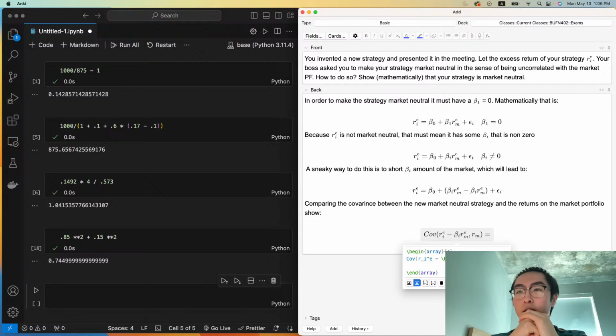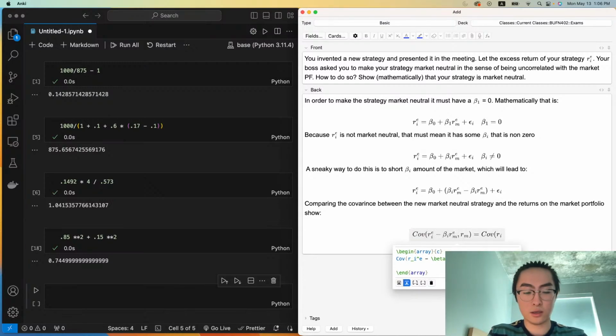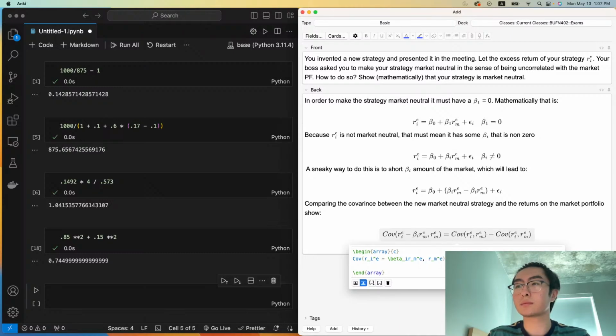Linearity of covariances. Covariances are linear, so does that mean we could do this? Covariance of R_i^e with R_M^e, and then we subtract beta times the covariance of R_M^e with itself.